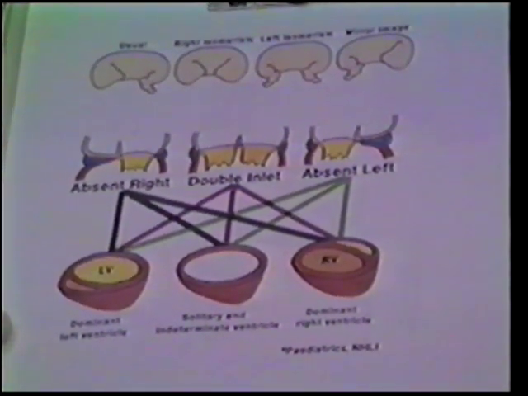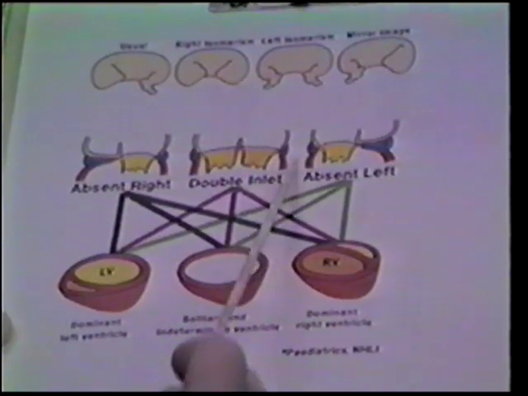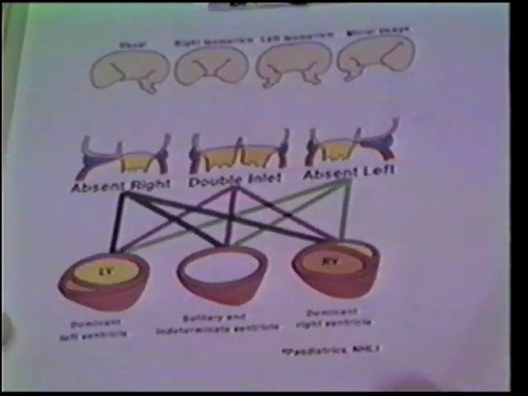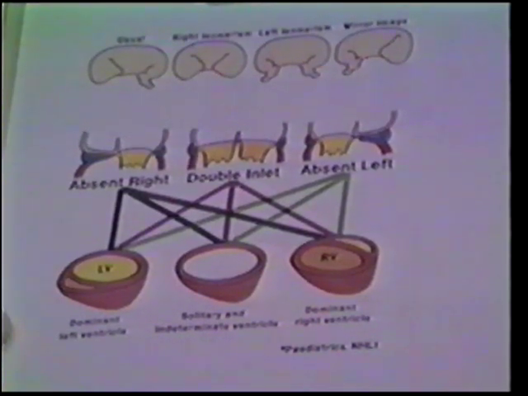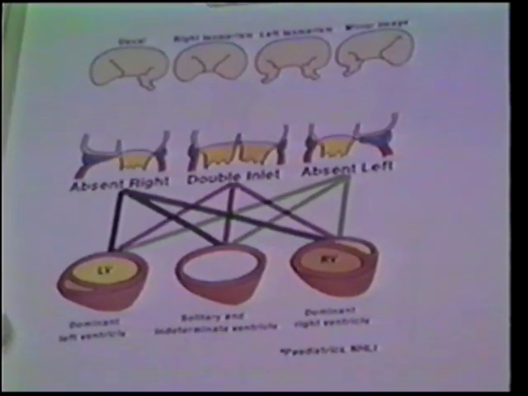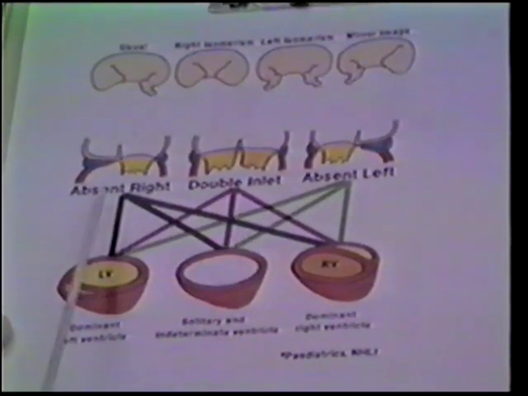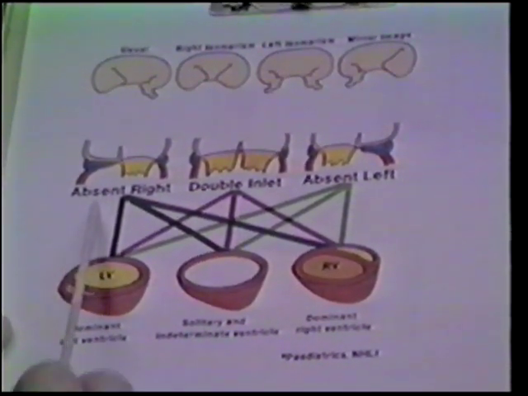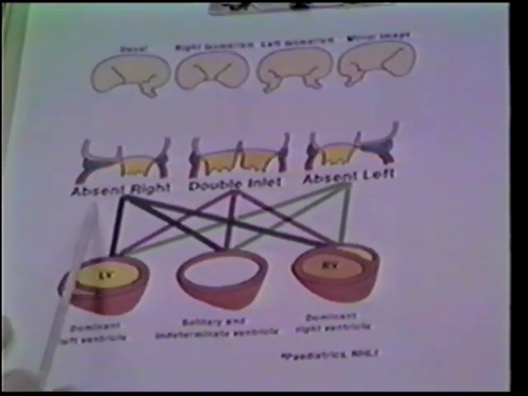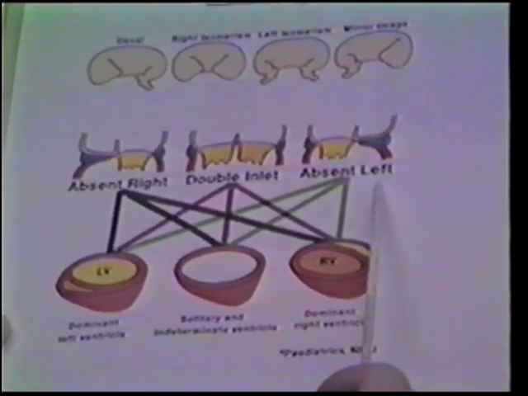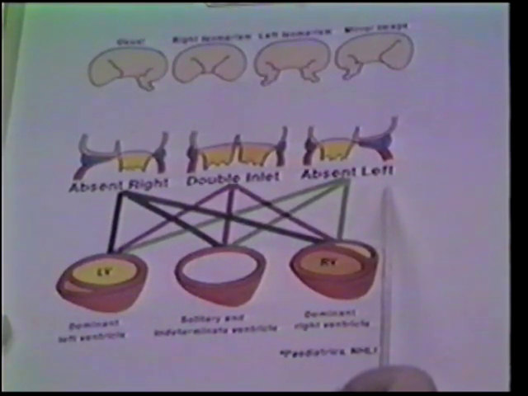And double inlet atrioventricular connection is just one variant of univentricular atrioventricular connections. So we can have double inlet ventricles, we can have absence of the right atrioventricular connection, which you're going to hear about next week, and we can also have absence of the left atrioventricular connections.